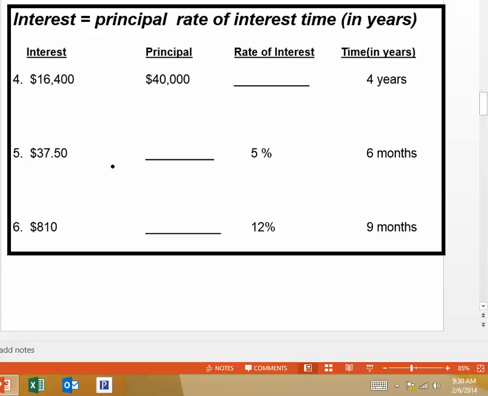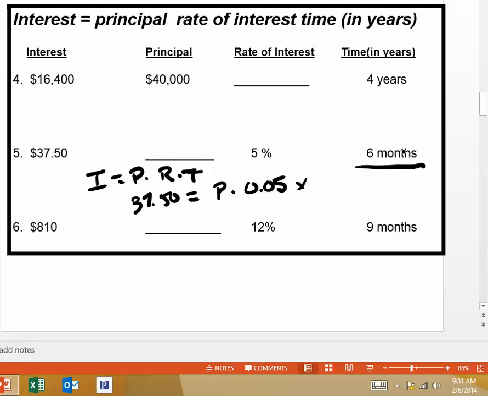Interest is equal to principal times rate times time. If you'll notice here, simple interest is figured per year. So we have $37.50 equal to, we don't know what the principal is, we know our rate is 0.05.